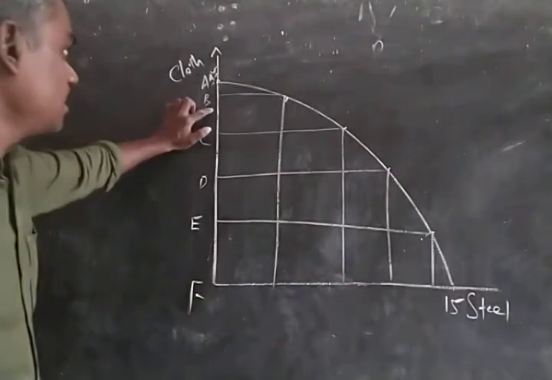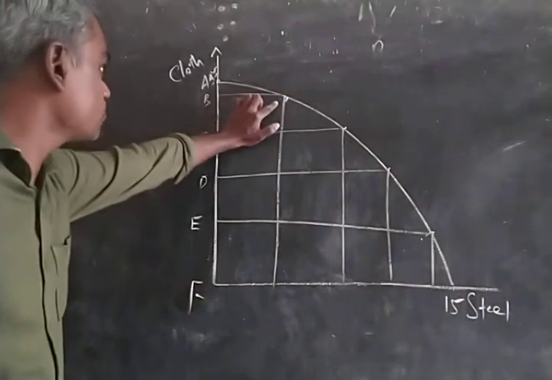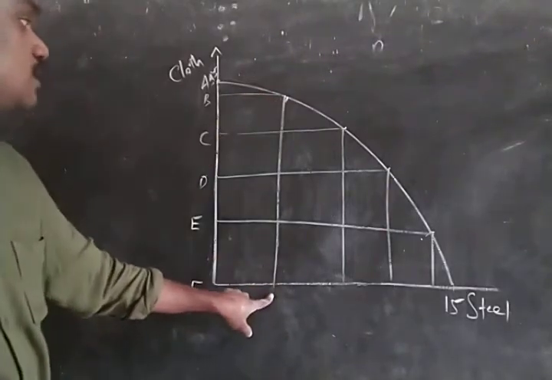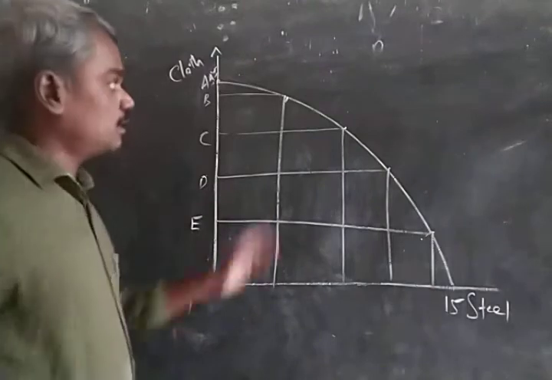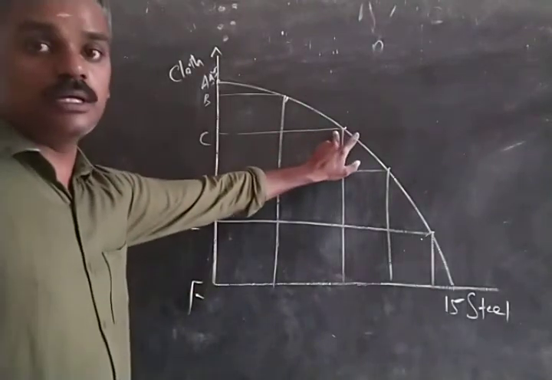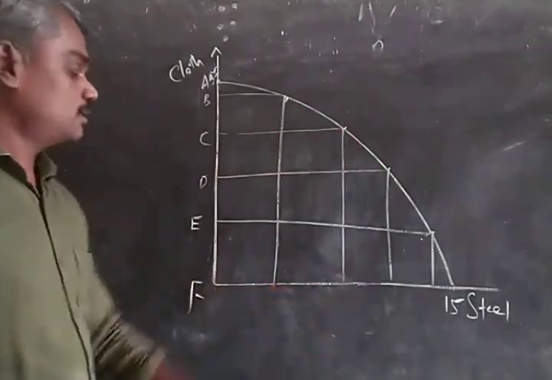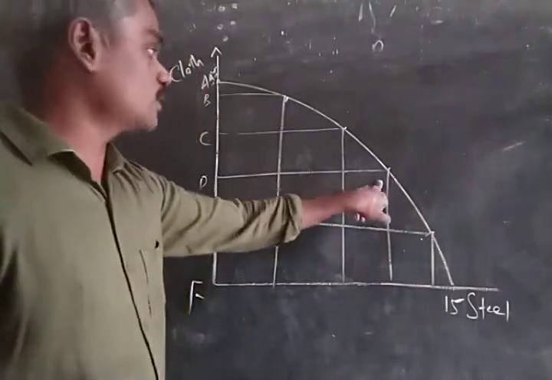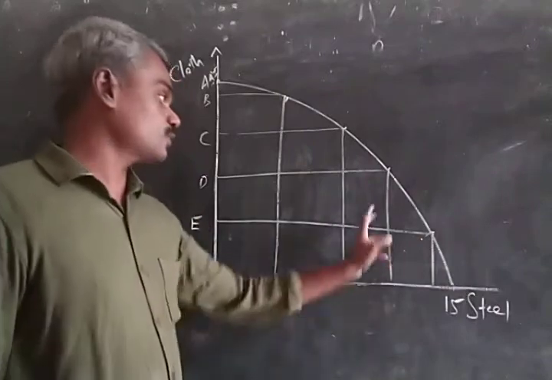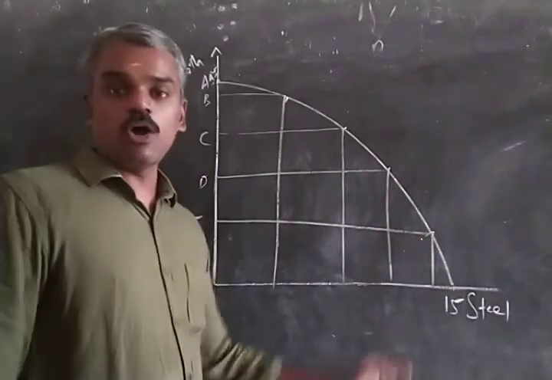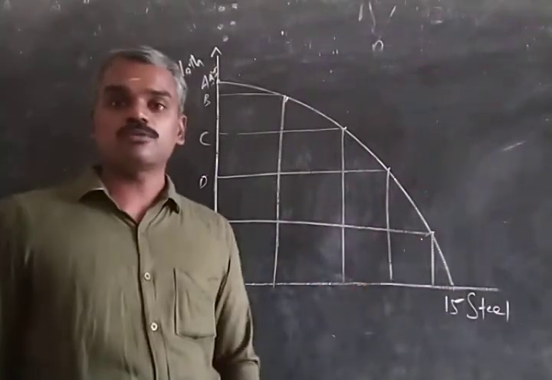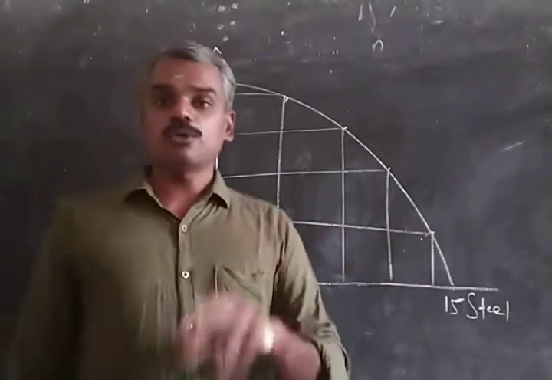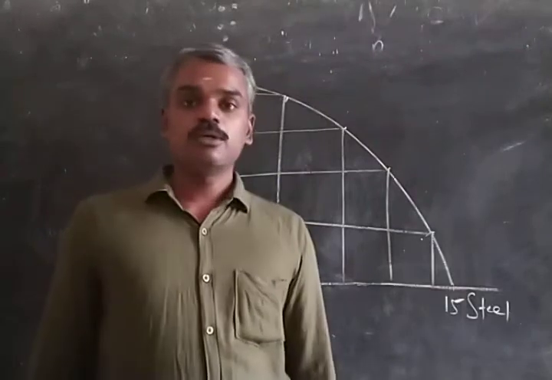In B, 12 units of cloth and 5 units of steel. In C, 9 units of cloth and 9 units of steel. In D, 6 units of cloth and 12 units of steel. In E, 3 units of cloth and 14 units of steel. And in F, 0 units of cloth and 15 units of steel.